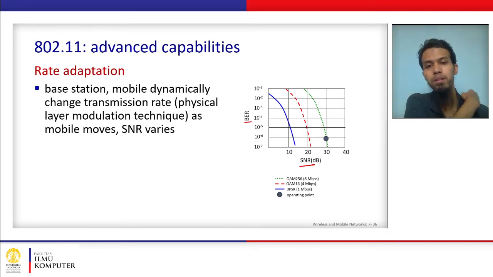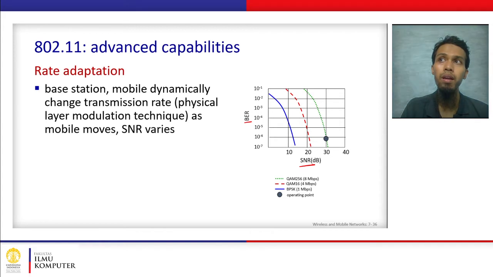SNR varies depending on the signal strength and more specifically depending on our position or our distance from the base station. When I say our, it means the wireless node or the wireless terminal.